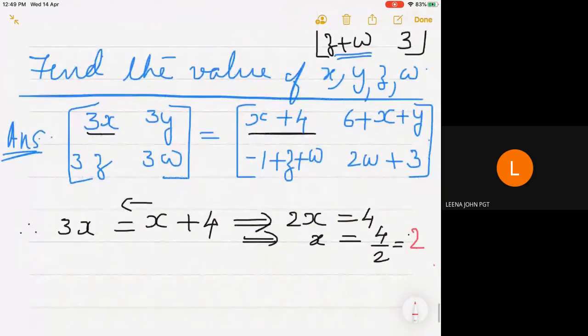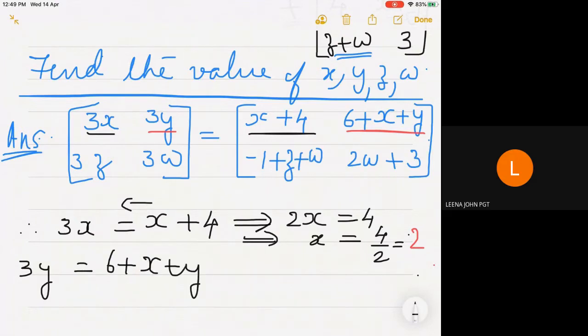Now the corresponding elements, we can equate 3y with 6 plus x plus y. So I get 3y equal to 6 plus x plus y, and already we know the value of x as 2, so we are substituting that here.